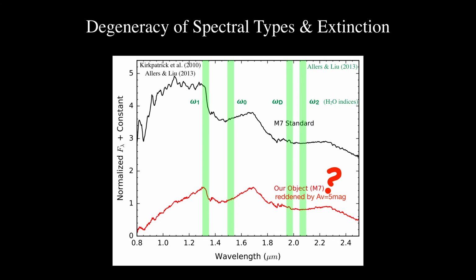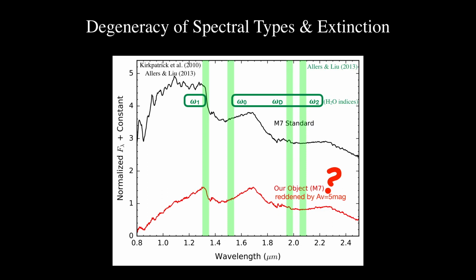In order to break this degeneracy, we quantitatively study the 4 water band spectral features as suggested by Ehlers and Liu in 2013. We noticed that different water band indices behave differently as a function of extinction. Specifically, with increasing extinction, the omega-1 spectral slope becomes shallower, while the other 3 spectral slopes are steeper.